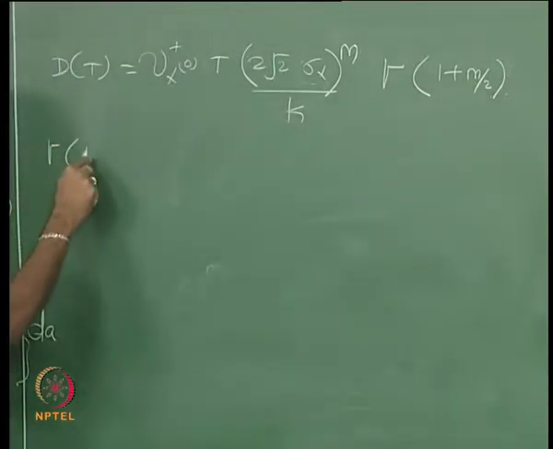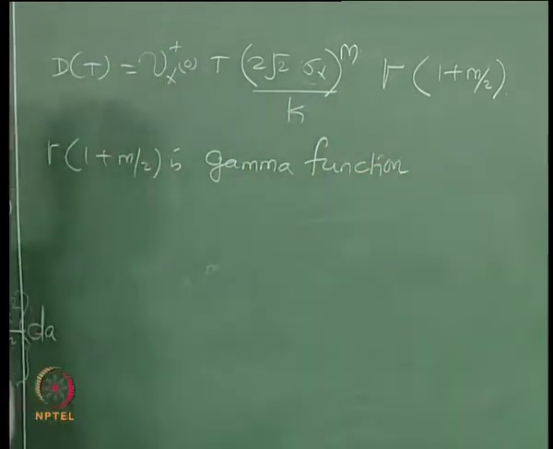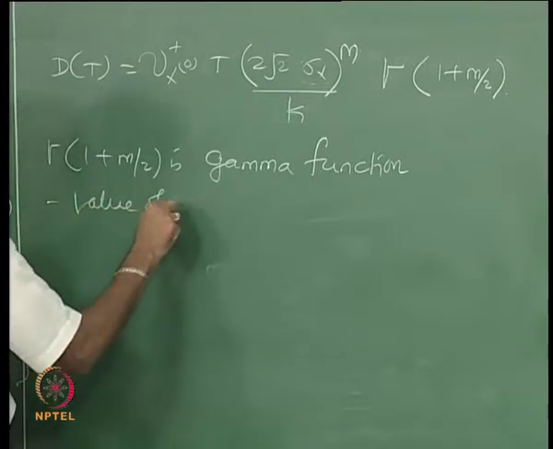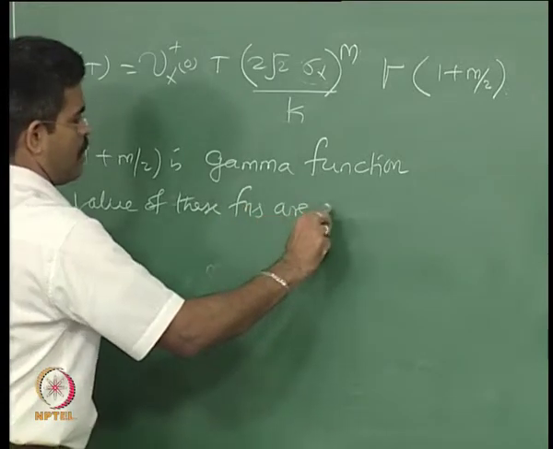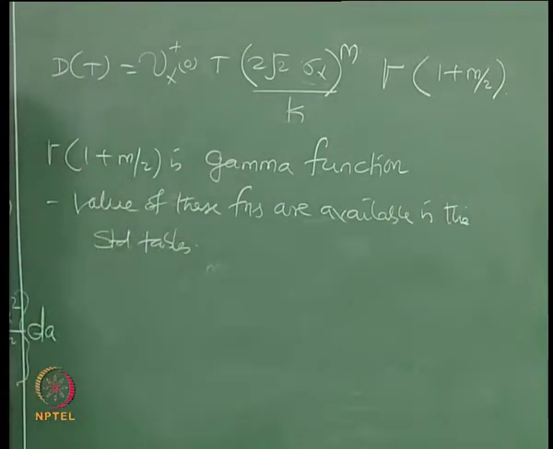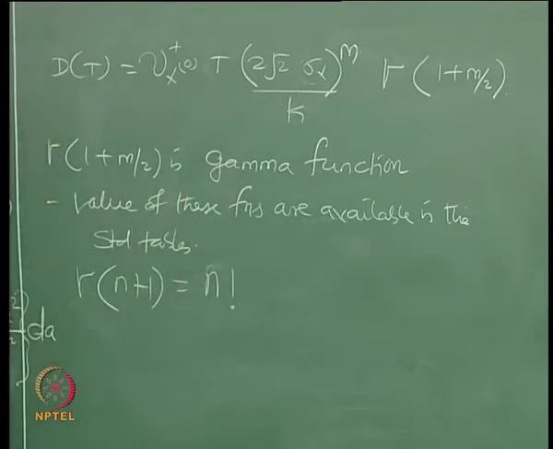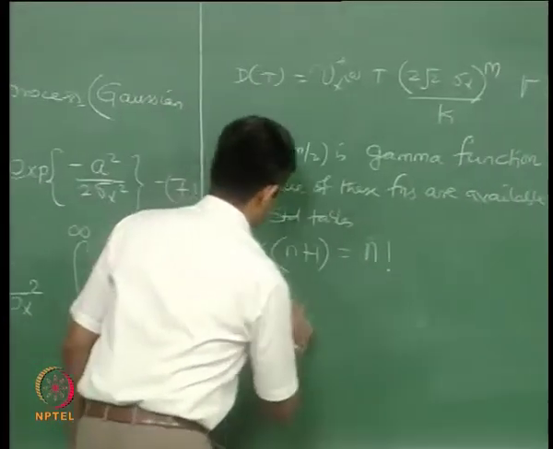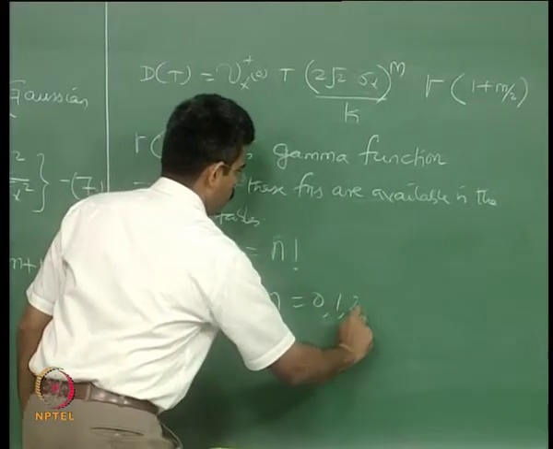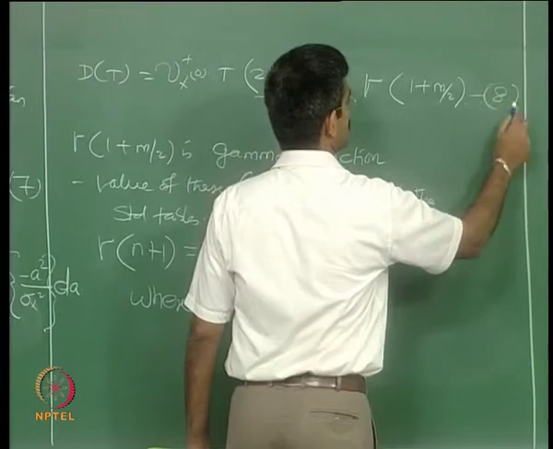Where this is a gamma function, the values of these functions are available in standard tables, but for your sake let us say gamma of n plus 1 is simply given by n factorial, where n can take any value 0, 1, 2, etc. Let me call this equation 8.